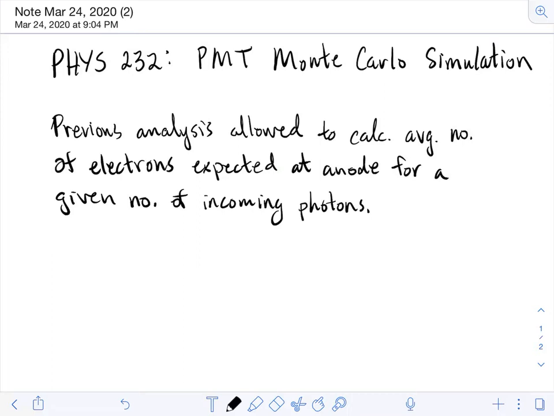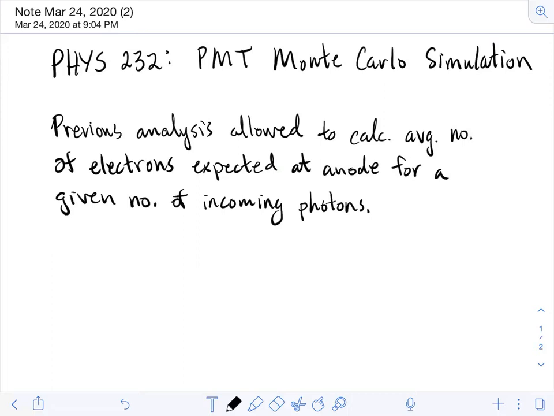What would the tail look like for high number events, where in certain cases a lot of the incoming photons produce an electron that gets accelerated through the chain of dynodes?